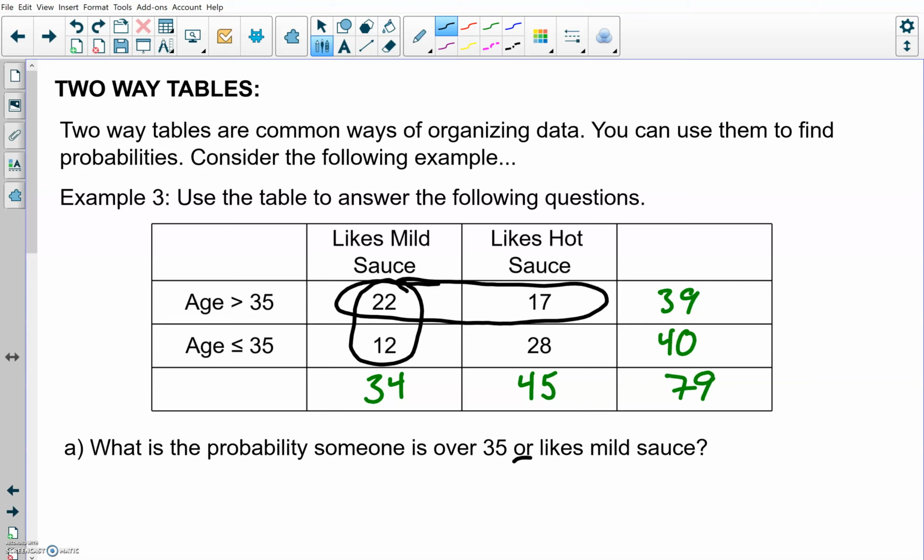That represents the fact that they're not mutually exclusive. There are some people that are both: they are over 35 and they like mild. So not mutually exclusive. But in the table, we don't have to worry necessarily about subtracting as long as I don't count that 22 twice.